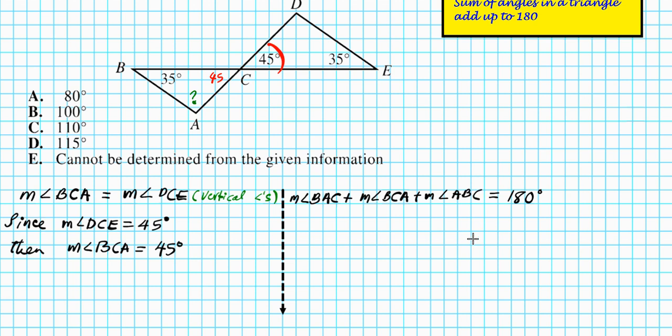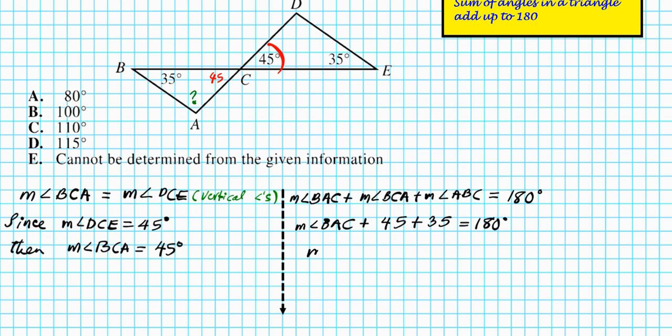Okay. So this is what we're looking for. We're looking for the measure of angle BAC. The measure of angle BCA is 45. The measure of angle ABC is 35. That adds up to 180 degrees. Okay, and then let's combine these two.